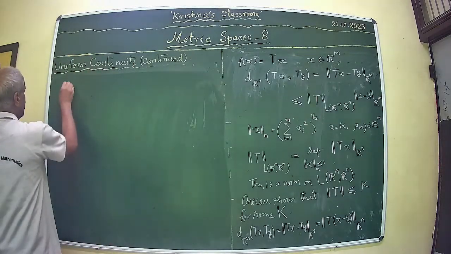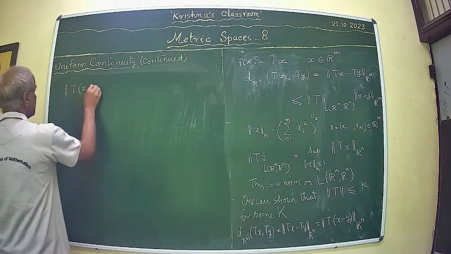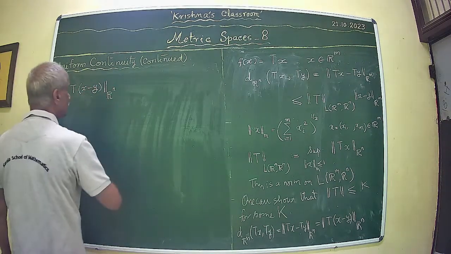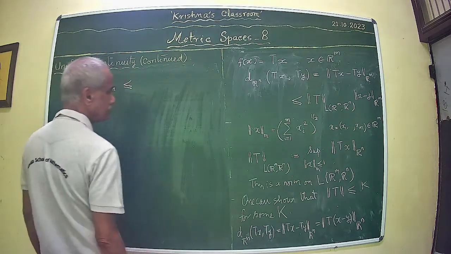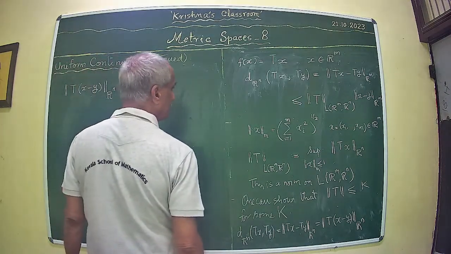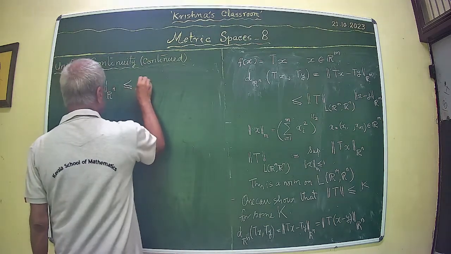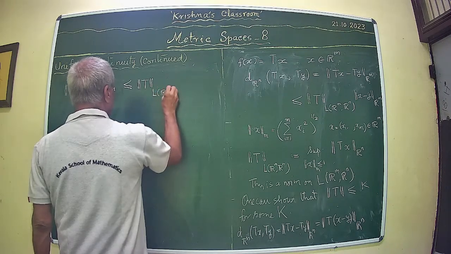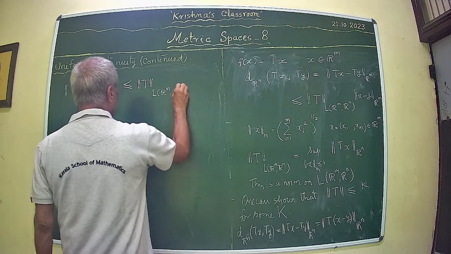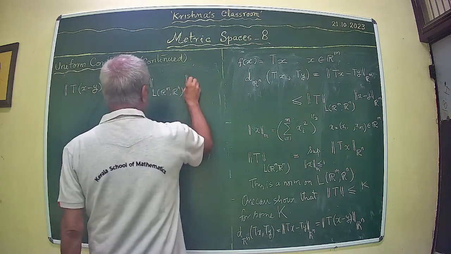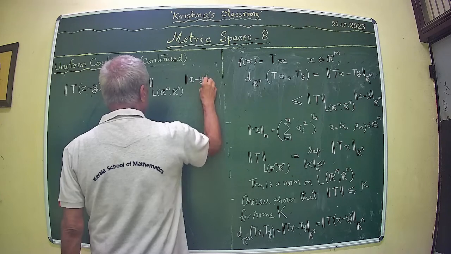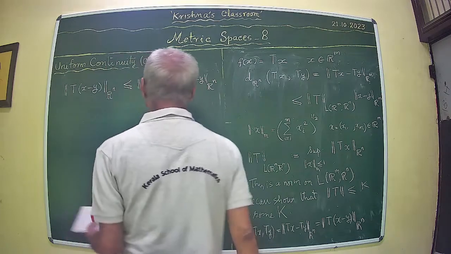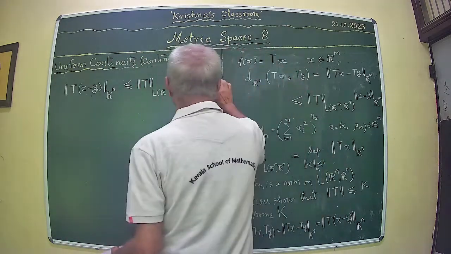And norm of T(x minus y) is less than or equal to norm of T times norm of x minus y.